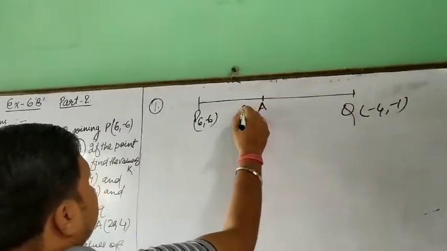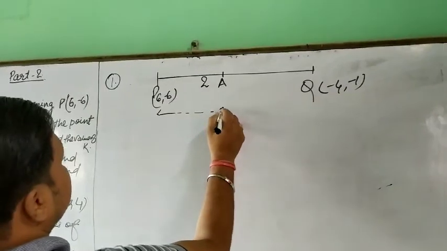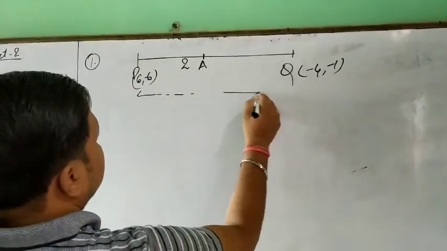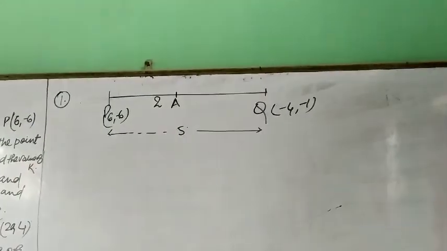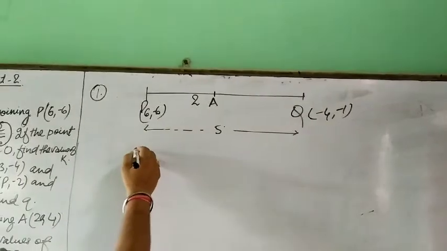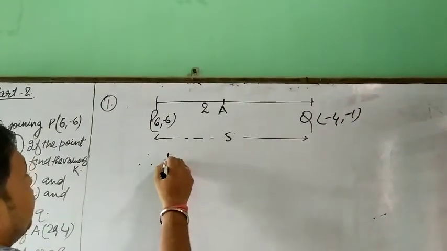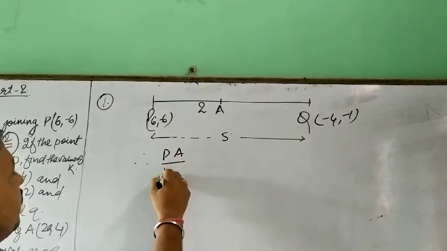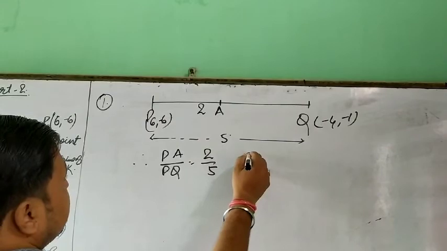That means PA equals 2/5 of PQ, so that PA by PQ equals 2 by 5.